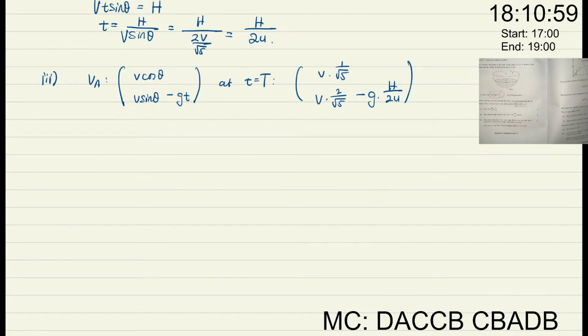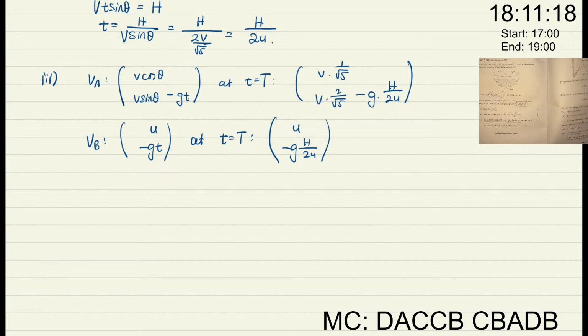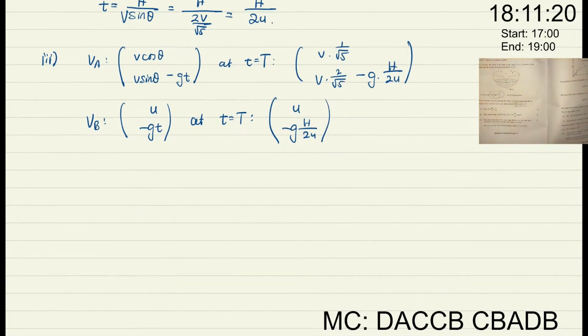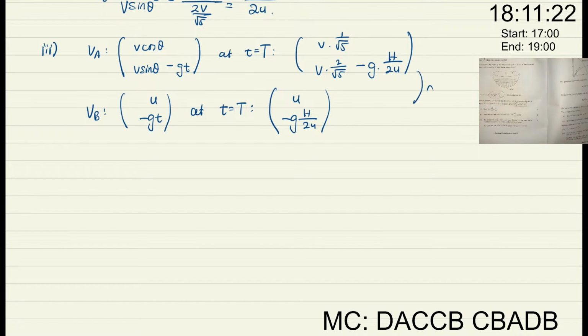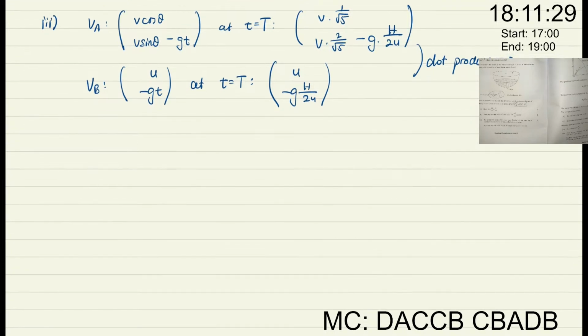Okay, and the velocity of the other particle is going to be u and minus gt. Again, at t equals t, we have u minus g, the same thing. And because it's perpendicular, I think the safest way to do that is just to dot product these things. And that should be 0. So we have v.